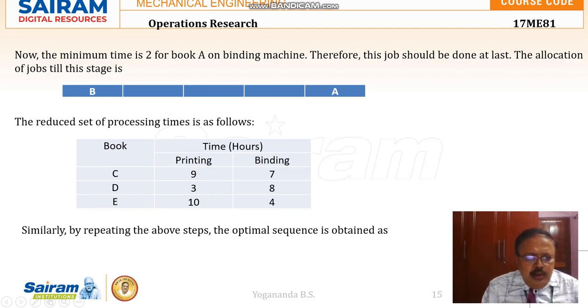Now the reduced set is with the books C, D and E with their processing times.